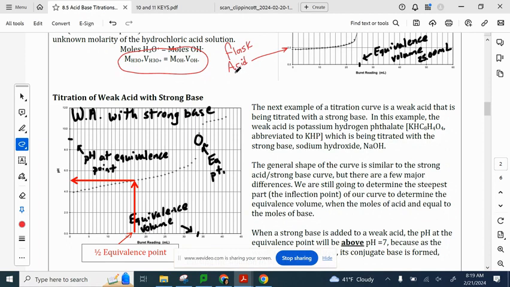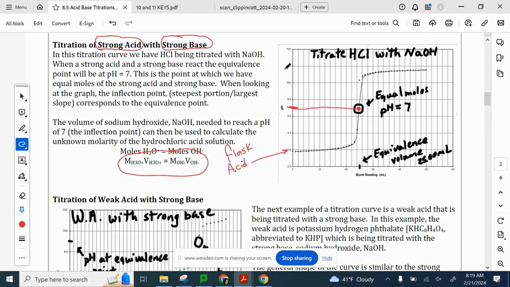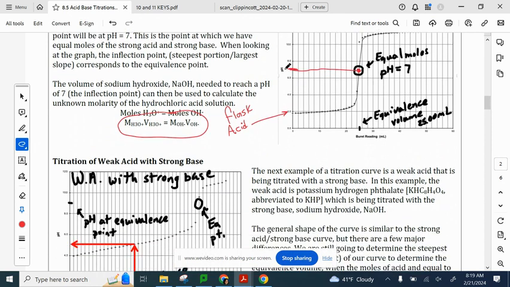It's not bad. It's an easy thing to do with the graphing software we have. So when we are doing this, first of all, you need to get comfortable with being able to just look at these graphs and tell if you're dealing with a strong acid, strong base, weak acid, weak base.